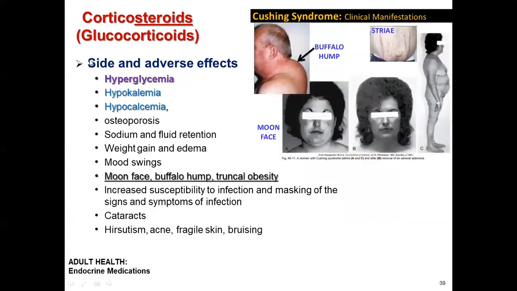Here showing the corticosteroid or glucocorticoid side effects. Like mineralocorticoid, they also cause hyperglycemia. So if your patient has diabetes, tell them to adjust the insulin level. The patient's potassium level goes down, hypokalemia.